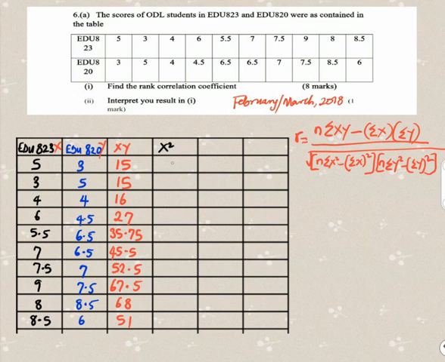So we're going to have 5 squared, 25. 3 square, 9. 4 square, 16. 6 square, 36. 5.5 square, I'm going to have 30.25. 7 square, 49. 7.5 square, you're going to have 56.25. 9 square, 81. 8 square, 64. 8.5 squared, we're going to have 72.25.